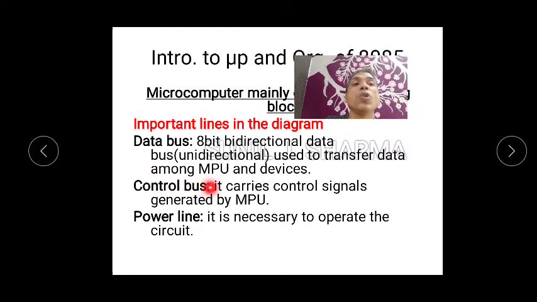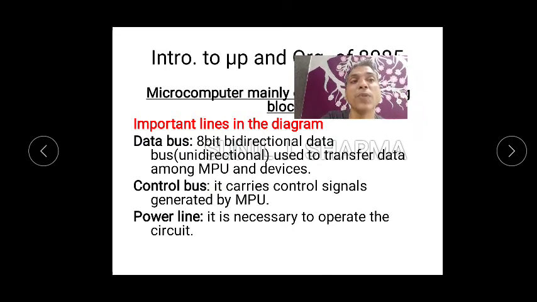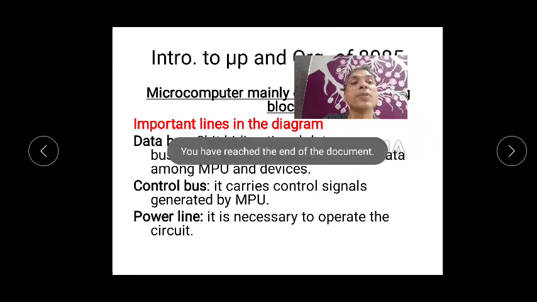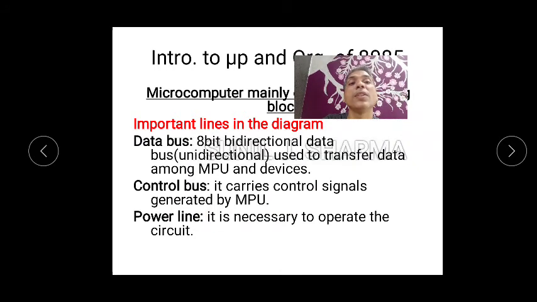Then we have the control bus. Okay, because there should be some wires to control other things or other activities. So it carries the control signals generated by the microprocessor. Then we have power lines. Power line is very important because without giving the power supply, it's not going to work.